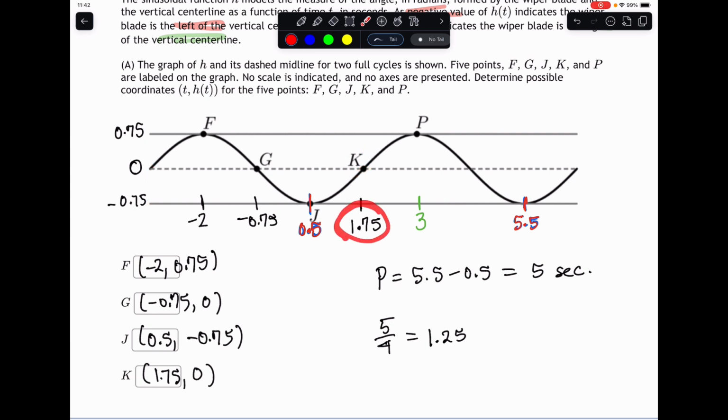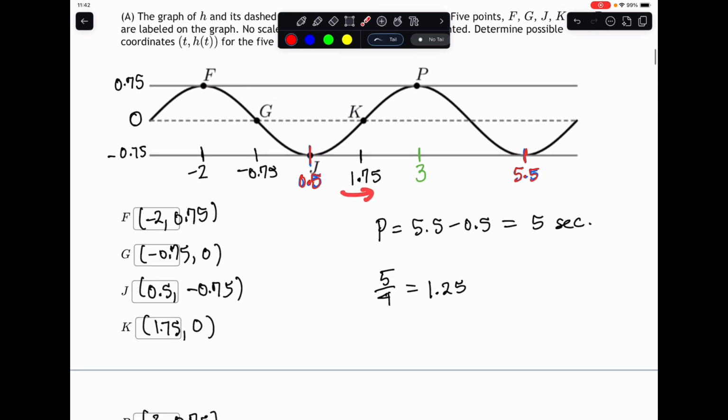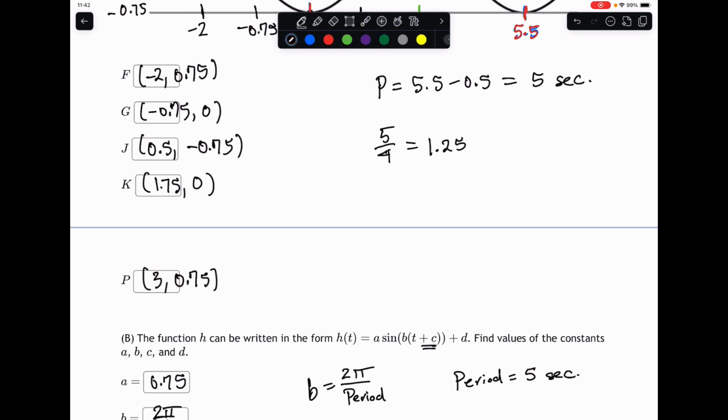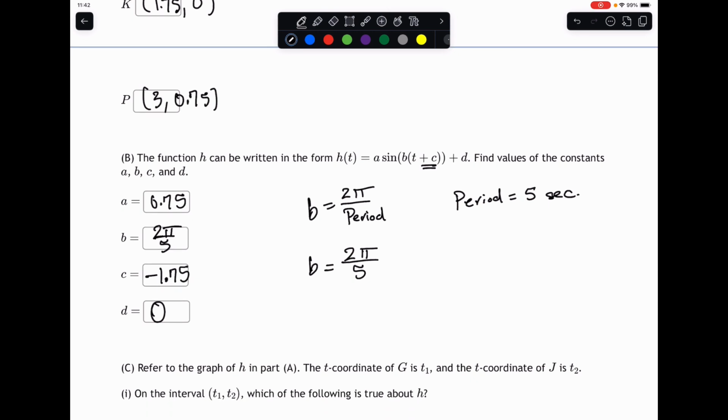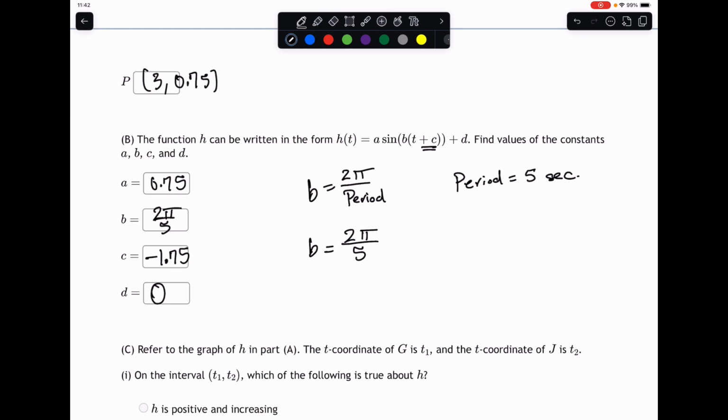So since the x value at k is positive 1.75, that means that from the origin I would have to move it to the right to 1.75, meaning that the value of C is going to be negative 1.75. So there's your answers for A, B, C, and D for part B.